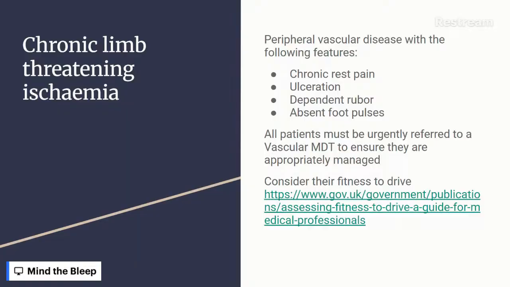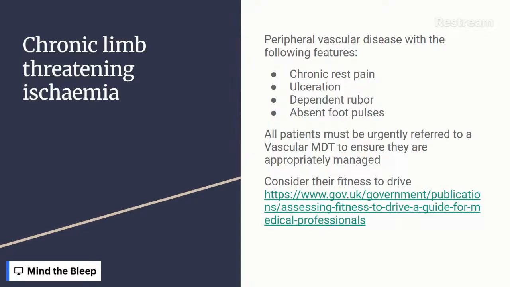Okay, so as we've mentioned, critical limb-threatening ischemia is essentially a clinical diagnosis made on the basis of several features.